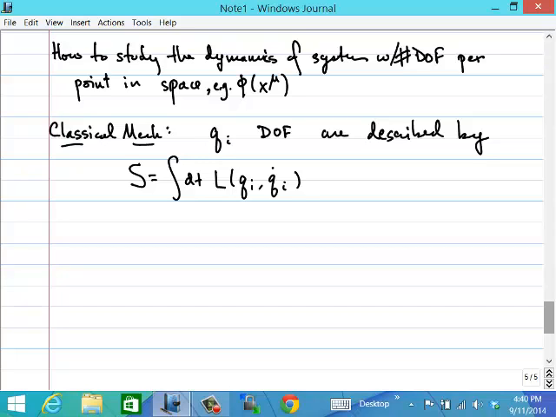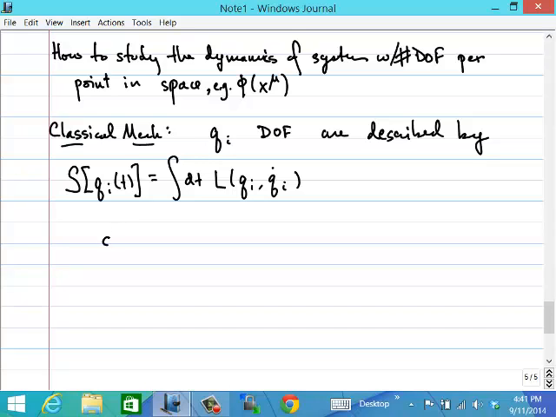And then the equations of motion are found by imagining minimizing this action as a function of these degrees of freedom, that is to say, as a functional of these degrees of freedom. So you imagine the set of all possible paths through configuration space that this function could take, and the classical trajectories are the ones where this action is minimized or extremized.